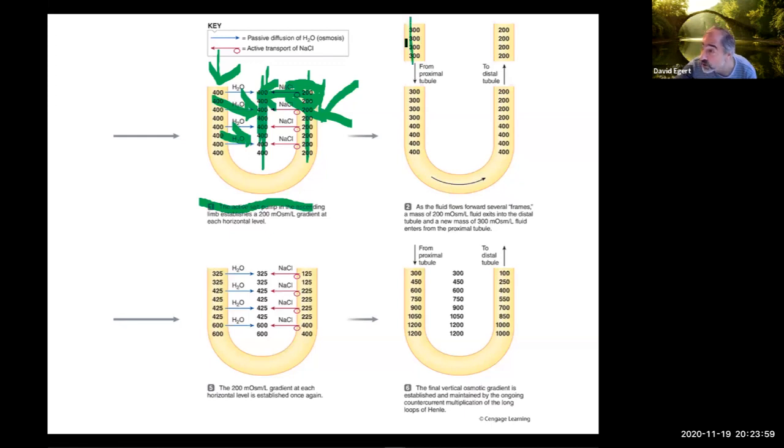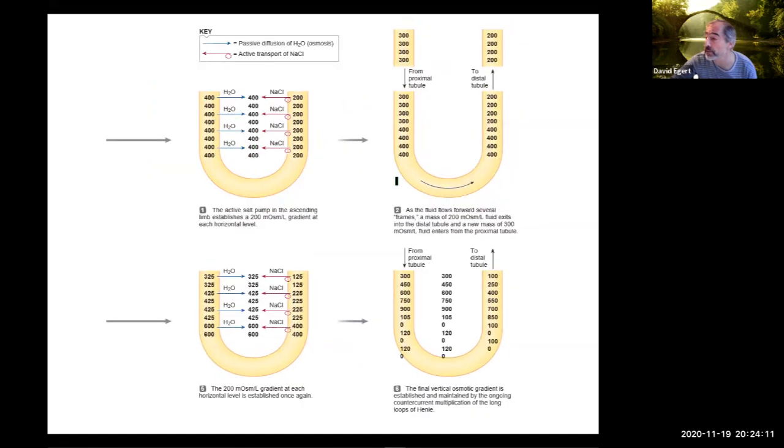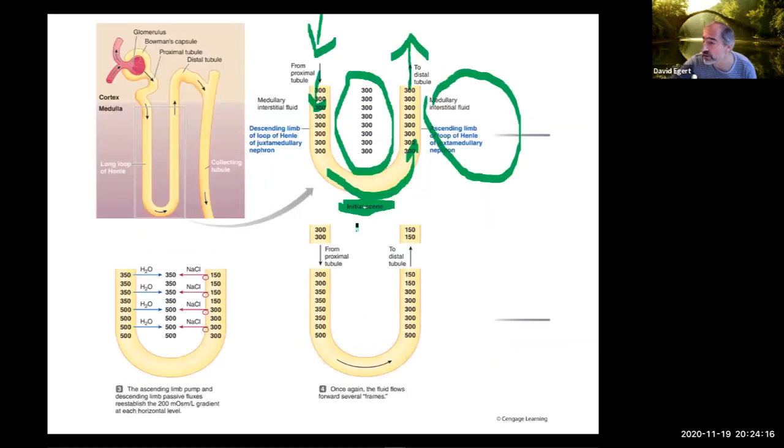So now things flow. Fresh 300 milliosmolar comes down from the top. This 400 is now starting to go up the other side.